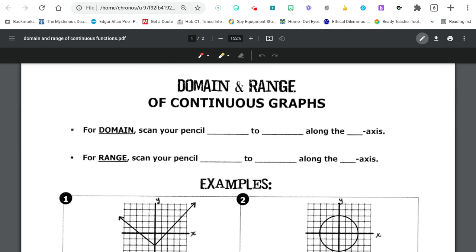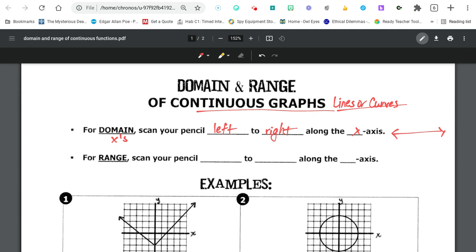Domain, again, is a set of all x's. Range is a set of all y's. Continuous means your graph has lines or curves, guys, not little distinct scattered points. So for domain, in other words, to find your x values for your continuous graph, you're going to scan your pencil left to right along the x-axis, because the x-axis is the one that goes left and right.